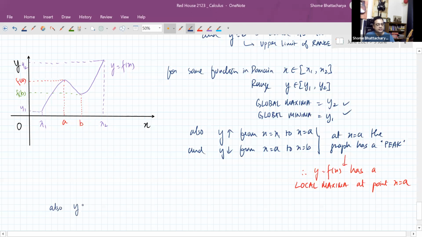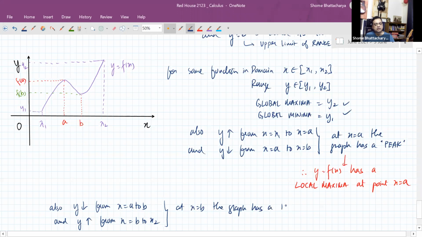Also y decreases from x equal to a to b, and again after that y increases from x equal to b to whatever that final x is. So that means at x equal to b, the graph has a dip, or is the bottom of a valley, that kind of situation.